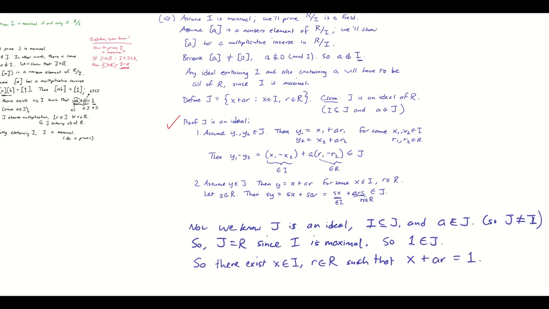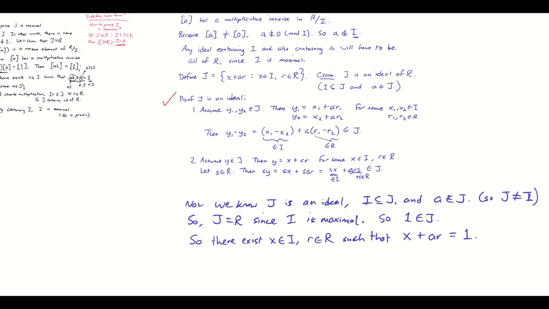Because, well, why is that? J consists of only elements of this form. So if 1 belongs to J, then that means 1 has to be in this form. But then, if I think of that in terms of congruence mod I, I've got an element of I here. That means a r is congruent to 1 mod I. So that means in terms of congruence classes, the class of a r is the same as the class of 1.